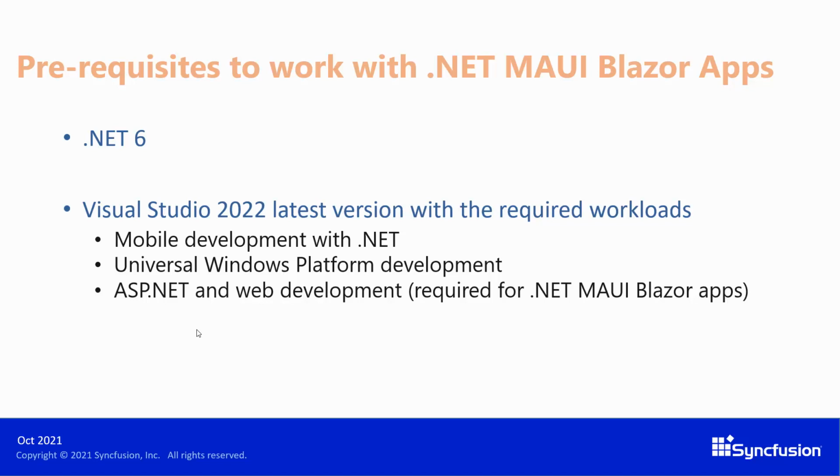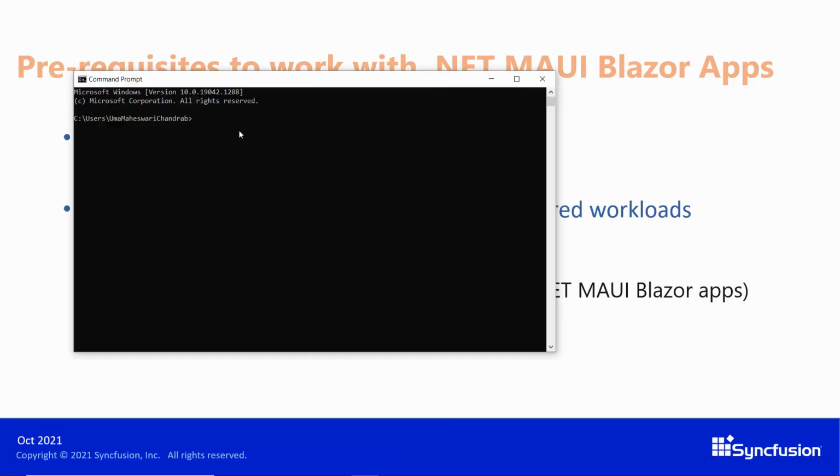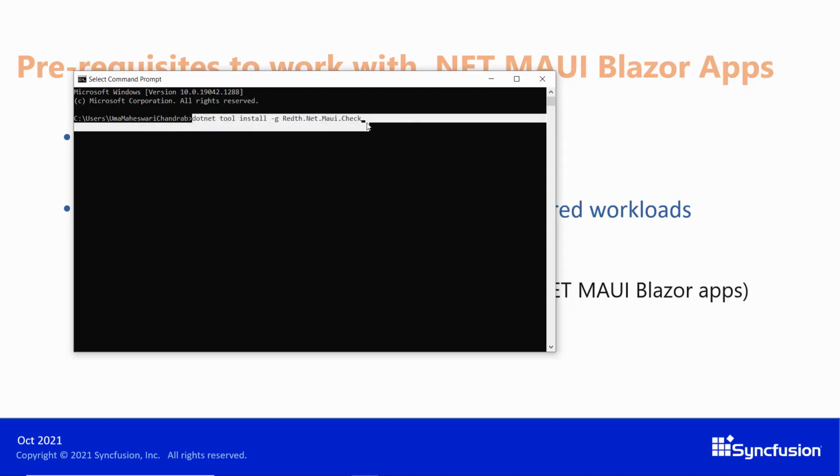To install it, let me open the command prompt and type the command dotnet tool install -g redth.net.maui.check. You need to run this command to install the MAUI check tool. I have already installed this tool on my machine, so I'm skipping this step here.